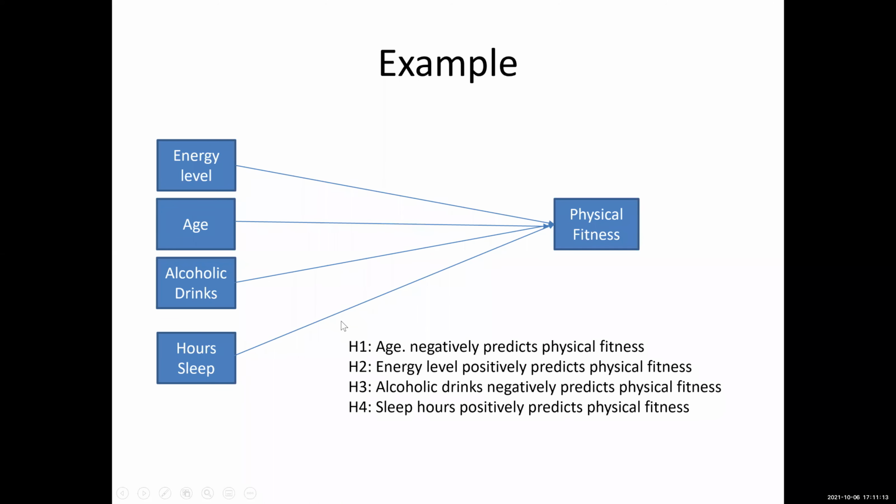Now, if we have a low variance which is being captured by these 4 factors, it means that there are some other factors which we have not taken into account, which can explain the variation in physical fitness.